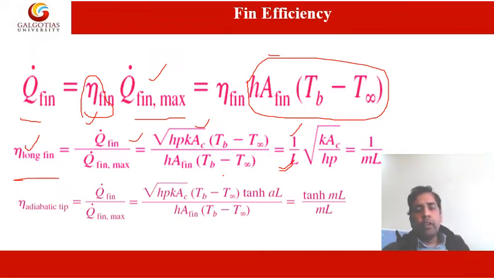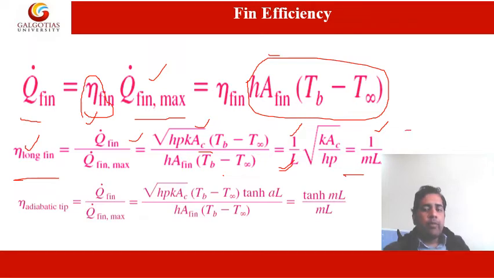So after solution of this problem, we will be getting this kind of equation, where 1 upon L under root KAc upon hP, this is the quantity that we will be getting.